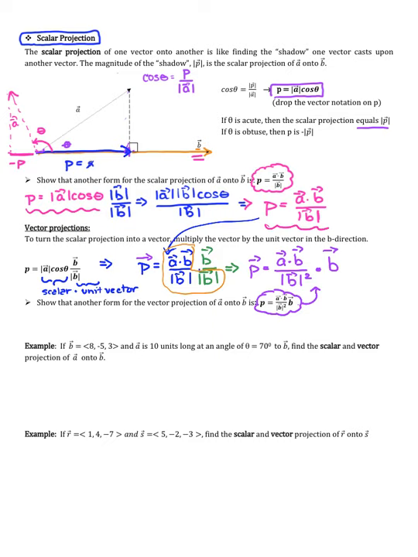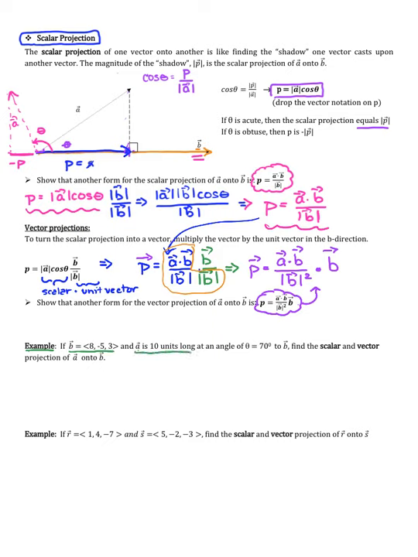So I think this is a good place for us to do a couple examples where the information comes to us in different forms. Here, the first example, we've got vector B in its component form. We are given A, and again, we're going to keep B as our displacement vector. A is like our force vector.